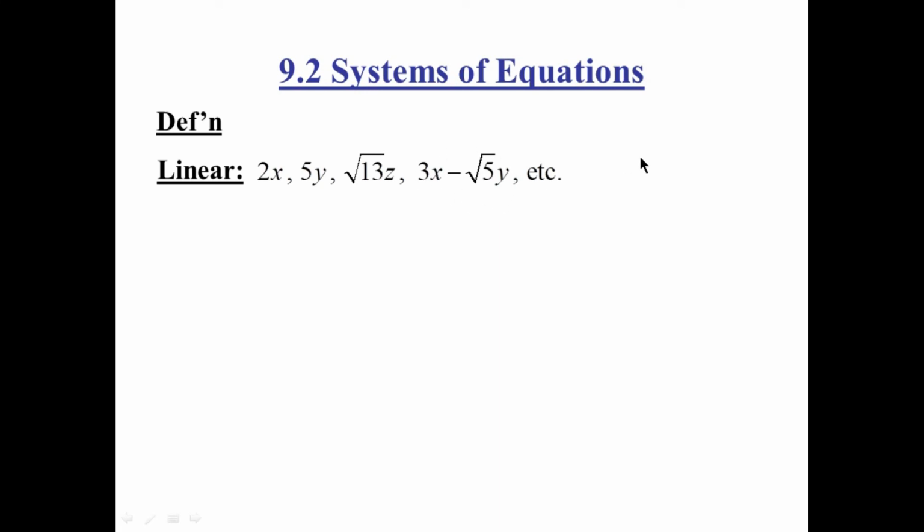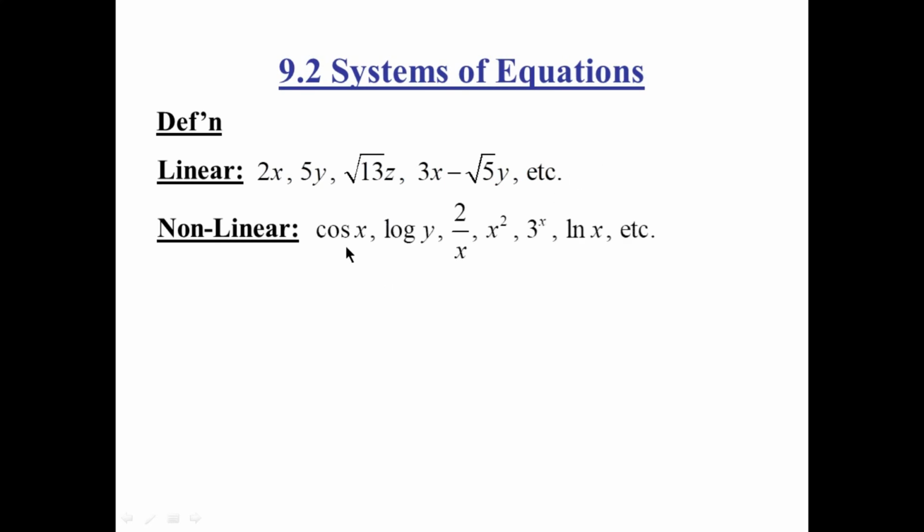These are linear expressions, as opposed to nonlinear expressions, which are cos of x, log of y, 2 over x when x is in the denominator, or x squared when x is squared, or an exponential expression, or another type of logarithmic expression, ln x. These are nonlinear expressions. So today we'll focus on systems of linear equations.